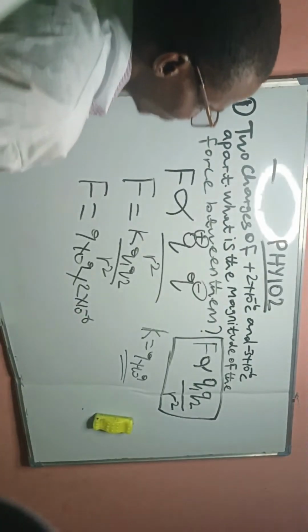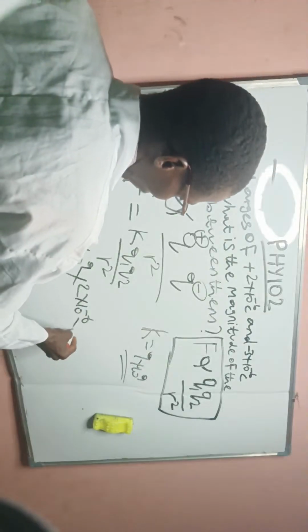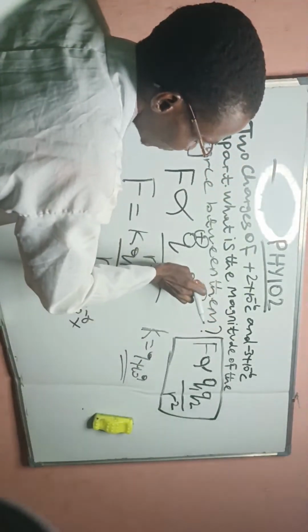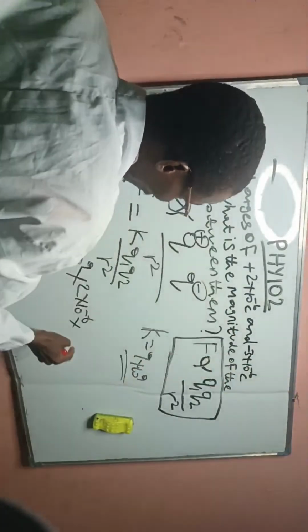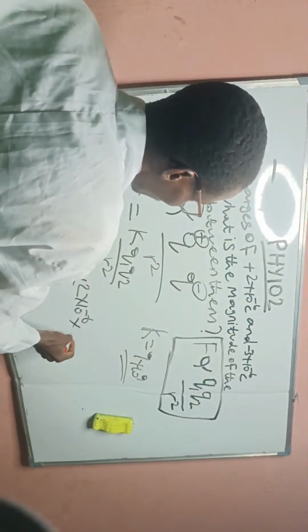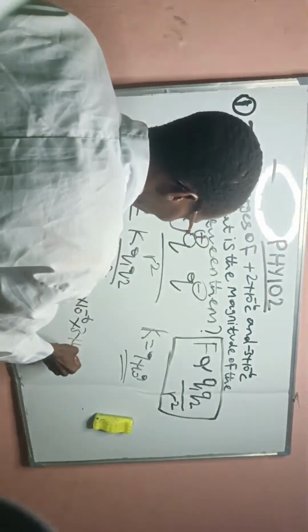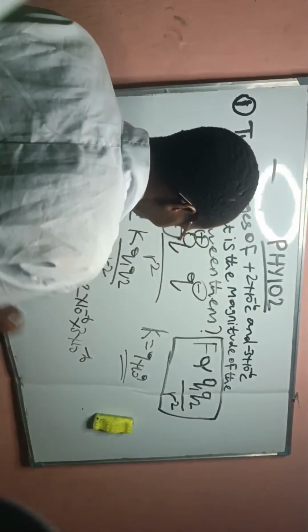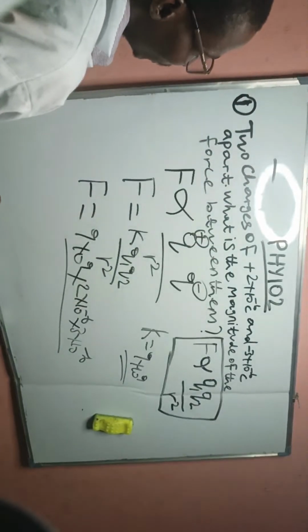Then the second charge, look at it here, minus 3 times 10 raised to the power minus 6. Please neglect the sign while solving. You are dividing everything by the distance.